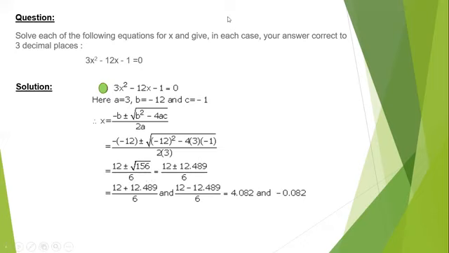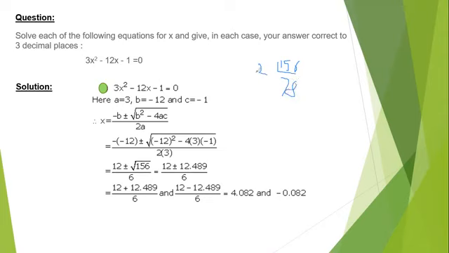Directly you may not get the value of root 156 in the table. In the table which is given in the exam, we have values only up to 100. So to find the square root of 156, you do the prime factorization of 156. Divided by 2, it will come 78.